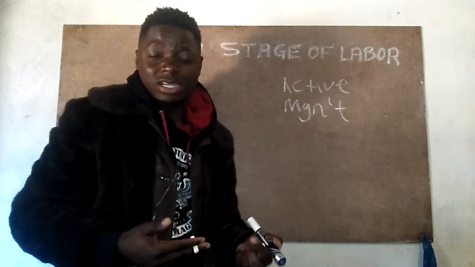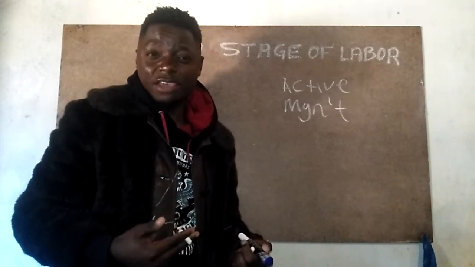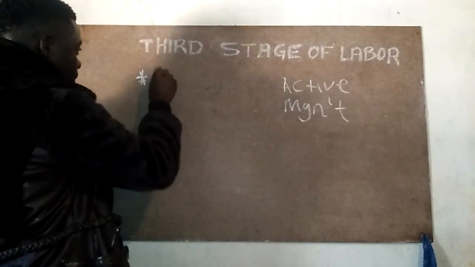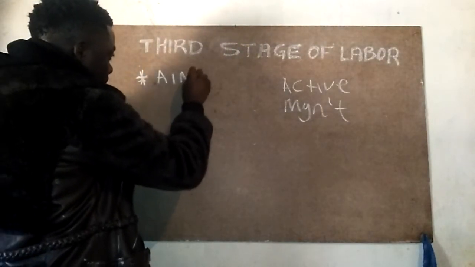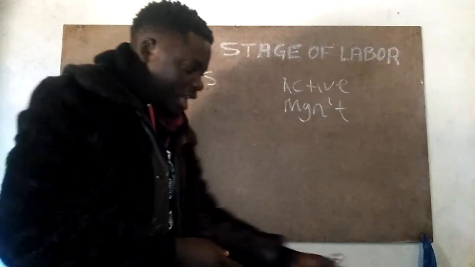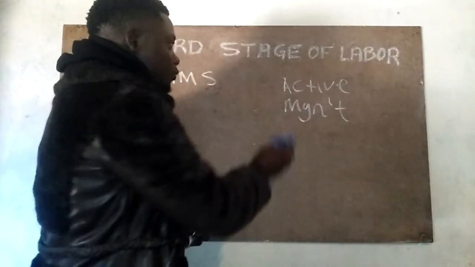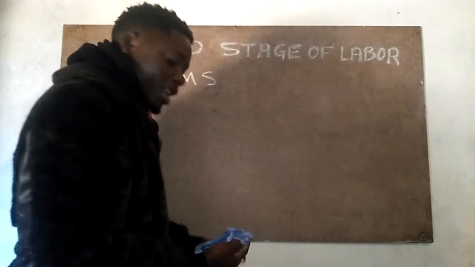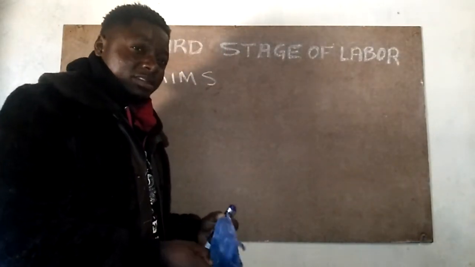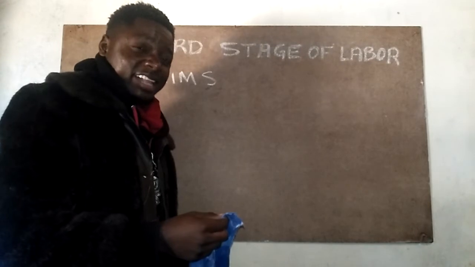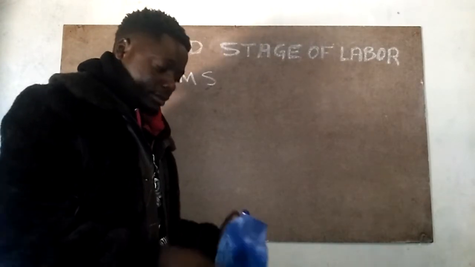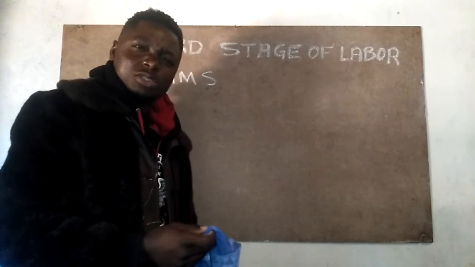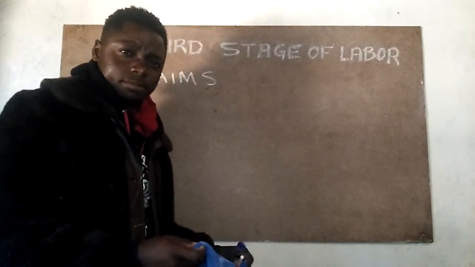As always, we are going to start with our aims. What will be our aims when we are managing the woman in the third stage of labor? Our aims should be the goals that we are supposed to attain at the end of this management. For example, number one, we want to prevent infection.